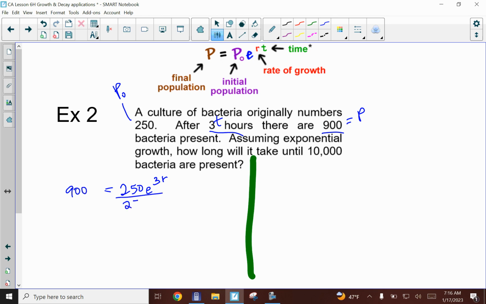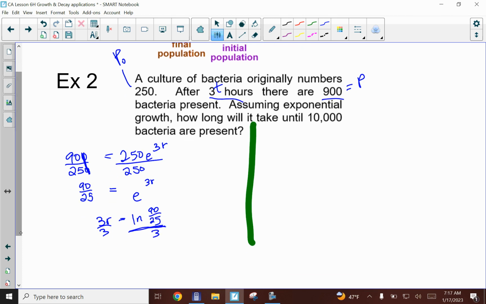You're going to divide out the 250 in order to get the e by itself, and we can go ahead and simplify that also by crossing out those zeros. So we're going to end up with e to the 3R and then 90 over 25. That simplifies more, but I don't really care. So now we're going to convert. So this is going to give me ln of 90 over 25 equals 3R. Then we just divide the whole thing by 3. And then that just goes into the calculator.